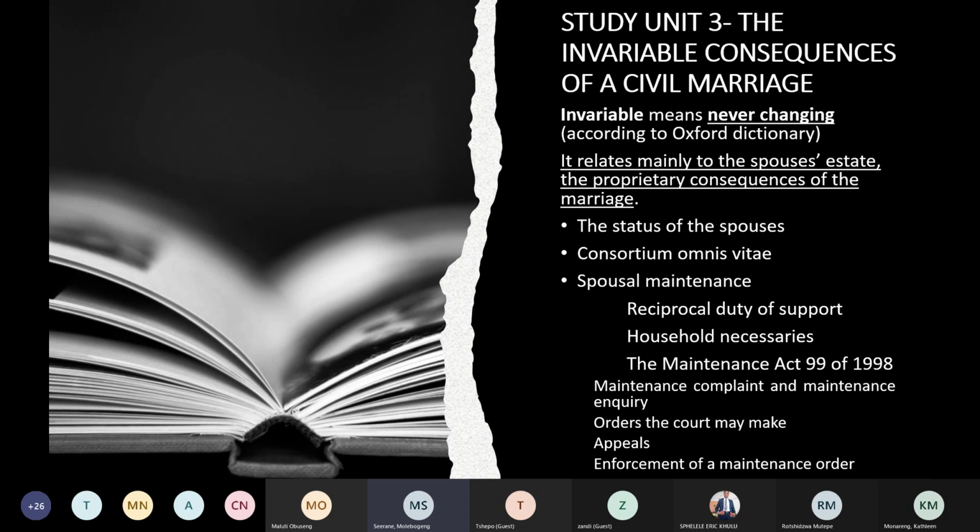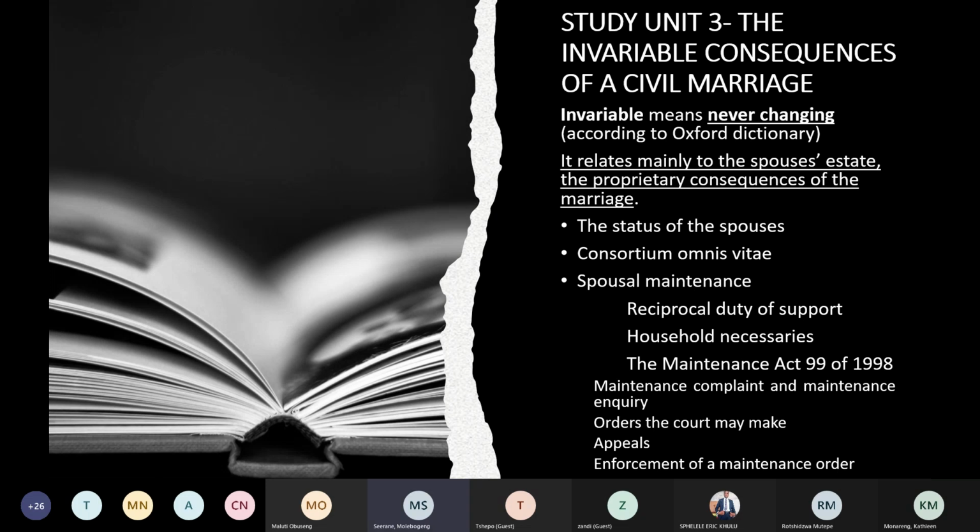So when you get married and you form your matrimonial home, both husband and wife, both spouses, are allowed to share the space of the matrimonial home and also use the household assets together. So there's no, this one belongs to this one. No, we all share it together in the matrimonial home.